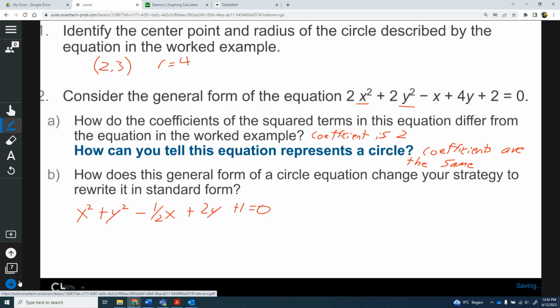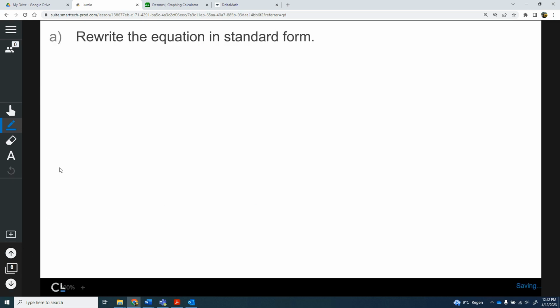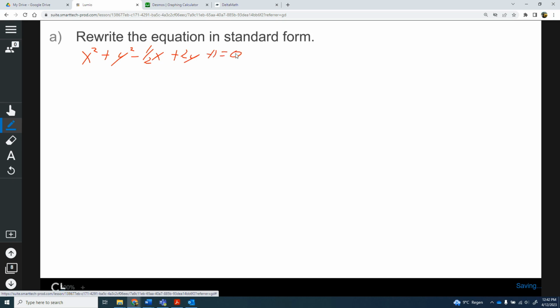And then going on to the next one, rewrite the equation, we'll just do the whole thing now. So I had x squared plus y squared minus 1/2 x plus 2y plus 1 equals 0.